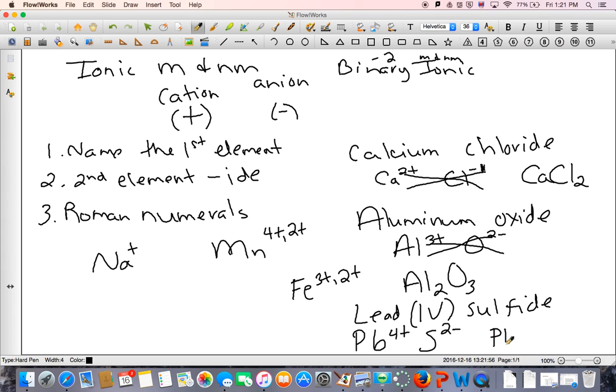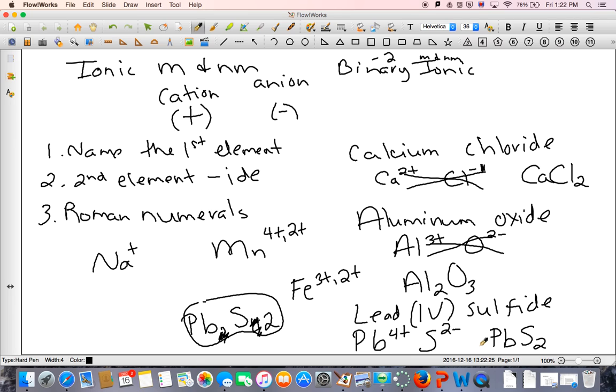So it takes 1 Pb and 2 S's, because 2 times 2 is 4. This is the chemical formula for lead IV sulfide. If you would drop and switch, you would have ended up with Pb2S4. Not right. So if you're a drop and switch person, look and see if the numbers that you wrote down can be reduced. If they can be reduced, now you have the correct chemical formula.